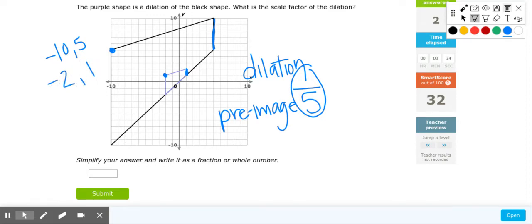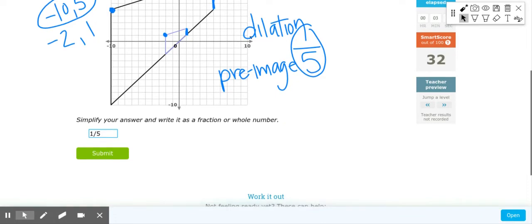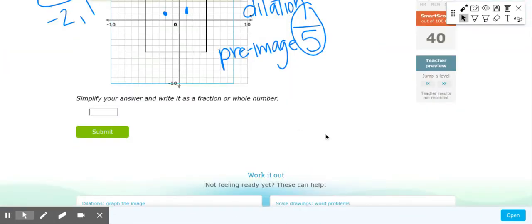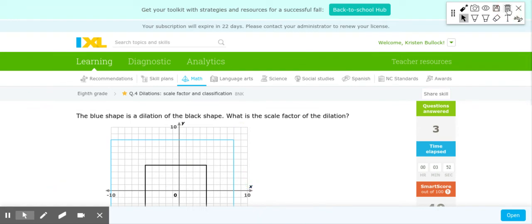We can see that to go from the pre-image point -10, +5 to -2, +1, we had to multiply the numbers in our pre-image point by 1/5. It says to simplify your answer, which 1/5 is, and write it as a fraction or whole number. So there is my fraction, 1/5, and that is my scale factor.